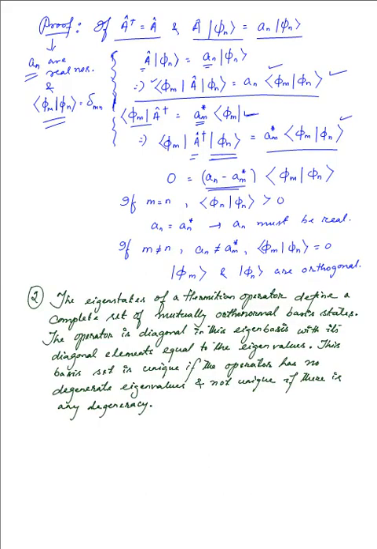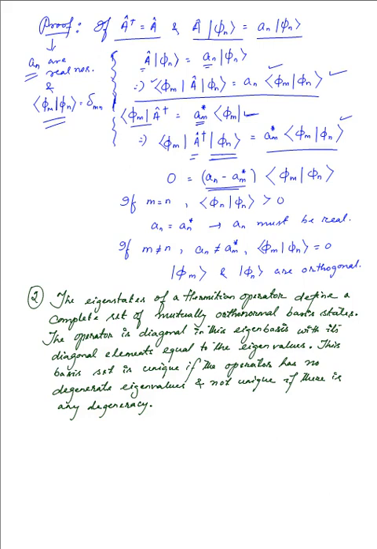As for the second theorem, the eigenstates of a Hermitian operator define a complete set of mutually orthogonal basis states. The operator is diagonal in this eigenbasis with its diagonal elements equal to the eigenvalues. When we deal with the matrix part of it, we can discuss this in detail.